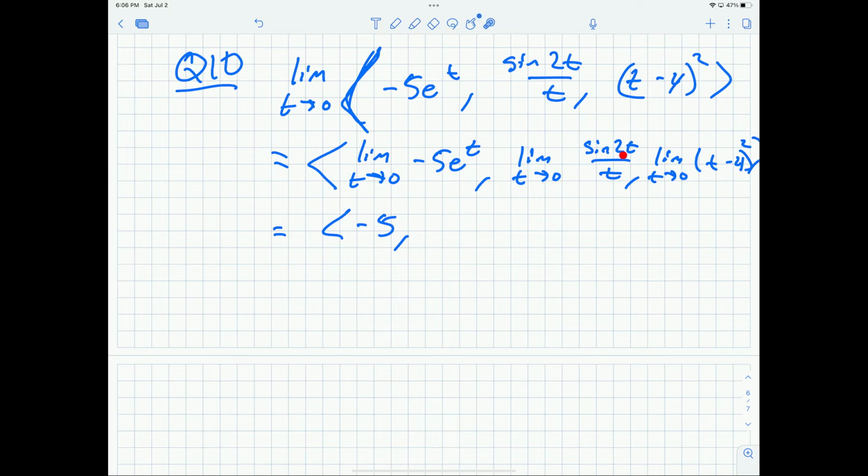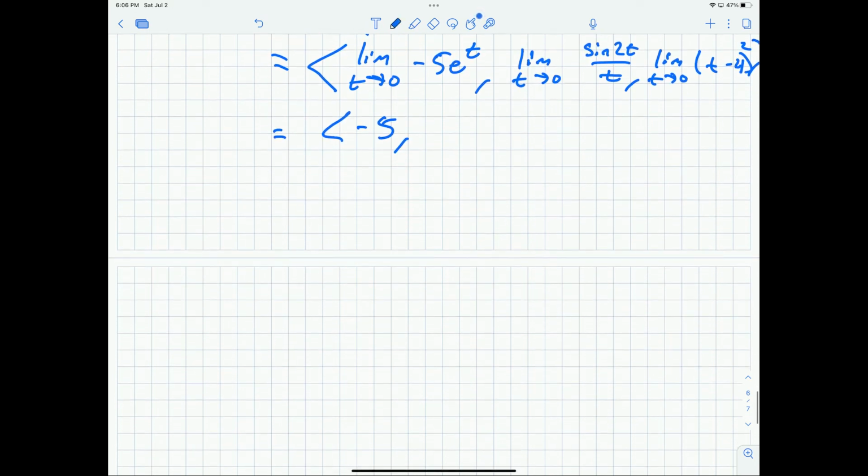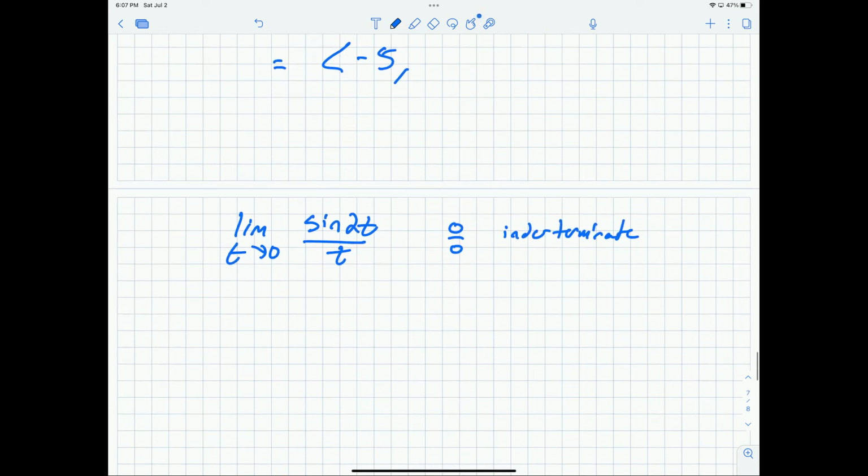Plug t equals 0 in here. Uh-oh, this actually has a 0 over 0, so you need to do something. Off to the side, how would you evaluate the limit as t goes to 0 of sine 2t over t? It's a 0 over 0 indeterminate form. So I will do L'Hopital's rule, normally abbreviated L'H.